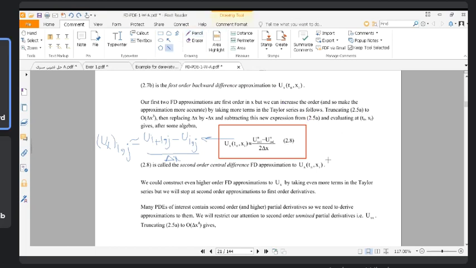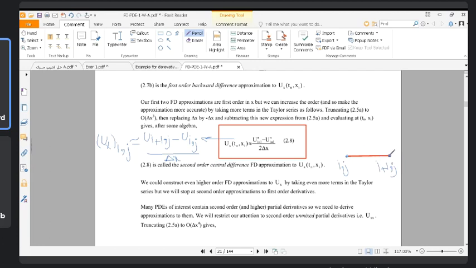I'm trying to draw the diagram for this formula. This point has indexes i and j. And this point has i plus 1 and j, okay? Is it clear for you?